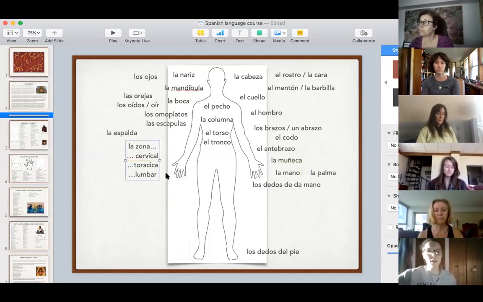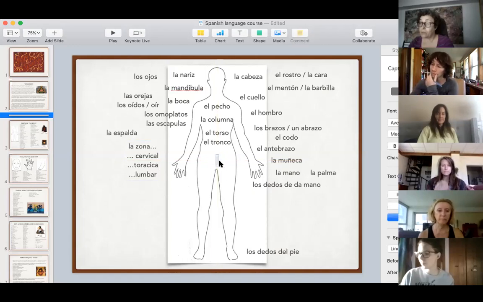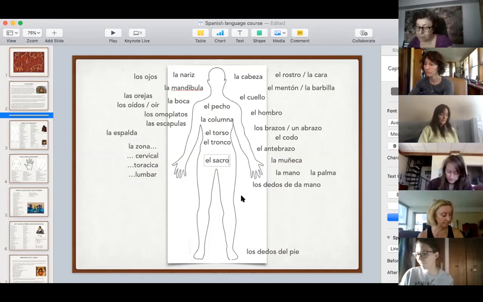Good. So if those are the three areas for the main spine, what are the two areas of your pelvic spine? I would say the sacrum and the coccyx. So they're nice and easy words in Spanish. The word for sacrum is el sacro, right? Your sacrum. And who can spell for me coccyx in English?